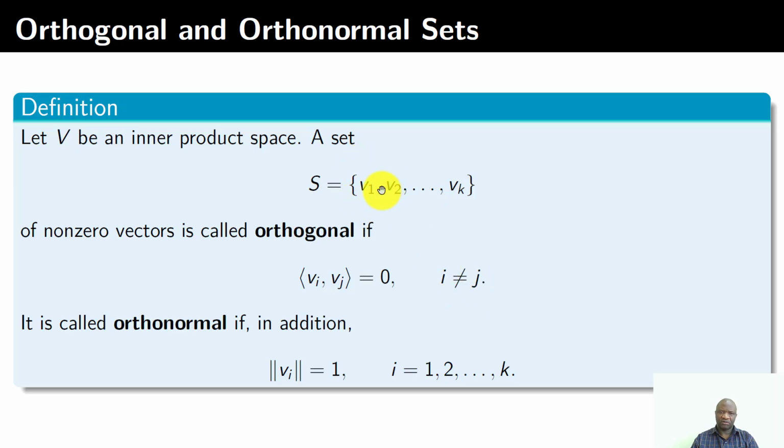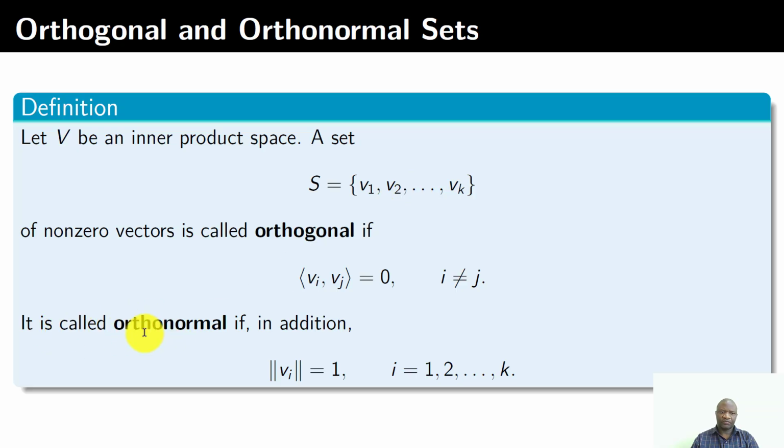That is to say, if you choose two vectors, say v1 and v2 in S, and you take the inner product of v1 and v2, the result becomes 0. If that is the case, then v1 and v2 are orthogonal.